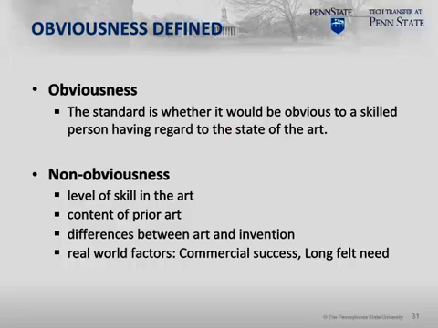Is it pioneering, with few possessing the level of knowledge? Content of prior art. This includes anything that is known and publicly available. What are the differences between the public knowledge and your invention? Lastly, are the real-world factors. Can you demonstrate a long-felt need in the market and any indicia of commercial success?